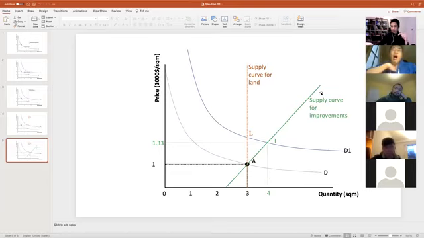And therefore, with the same increase in demand for, say, land and structures, the change in price for structures will be less as compared to the change in price for land. Does it make sense?